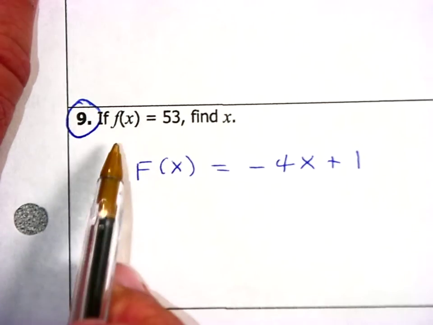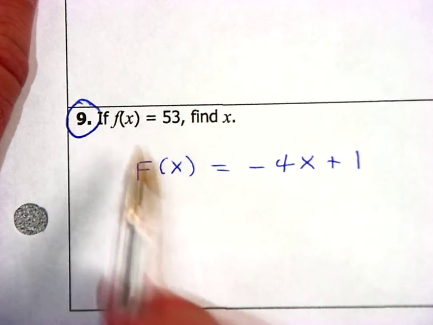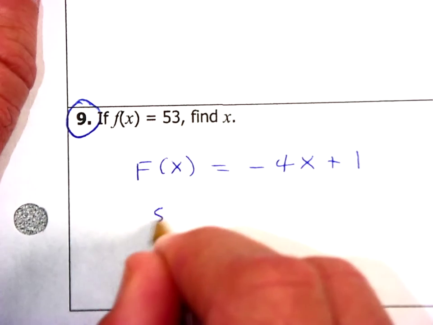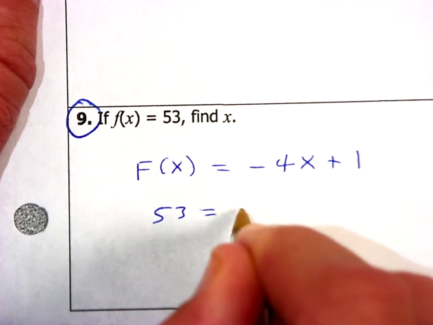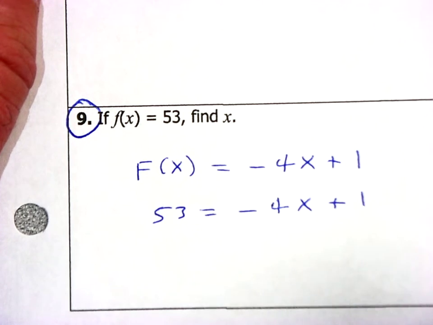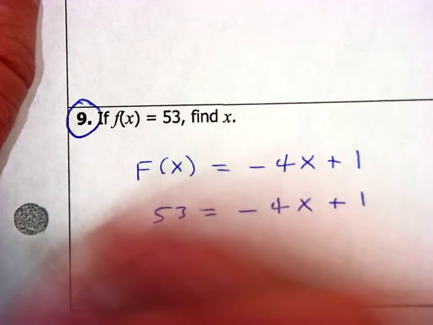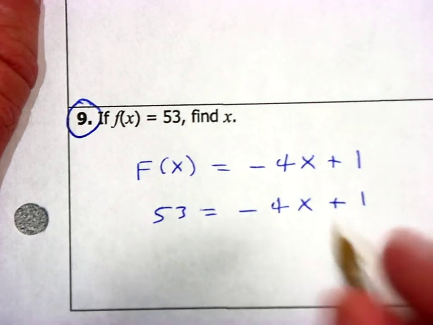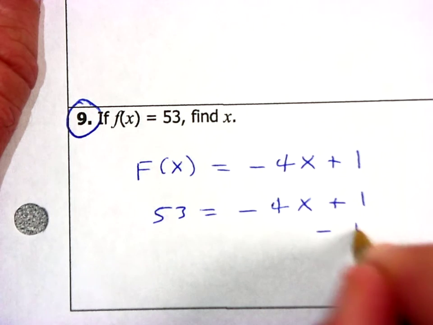Now, they didn't say x equals 53, they said f of x equals 53. So you're going to replace f of x with 53, and you're going to put it here. Only put it in for x if they tell you it's x, not if they tell you it's f of x. And then, as always, it turns into a two-step equation, which you guys are probably tired of.